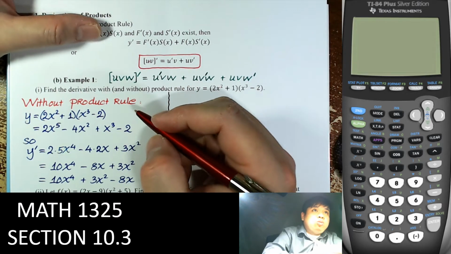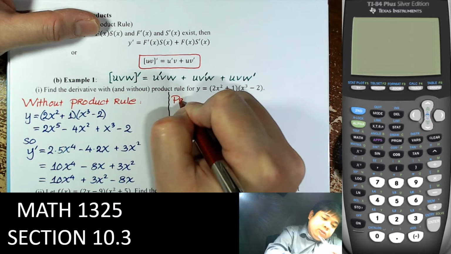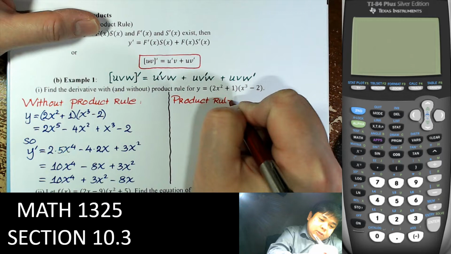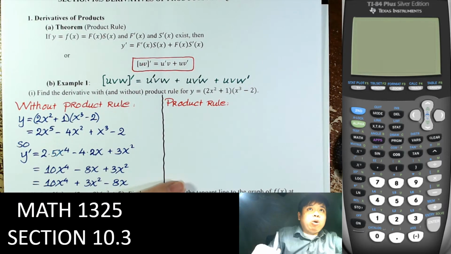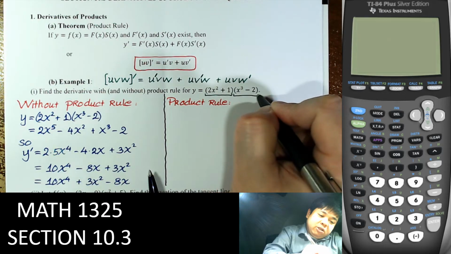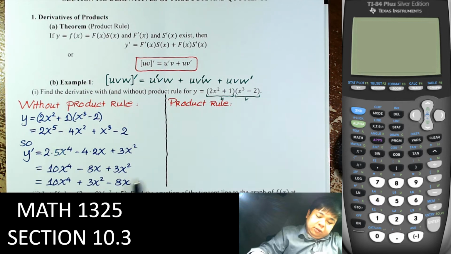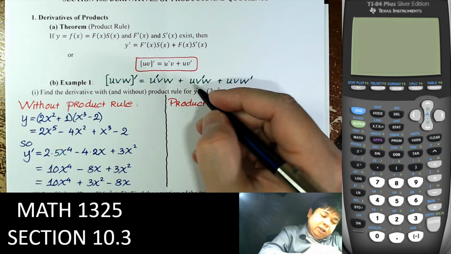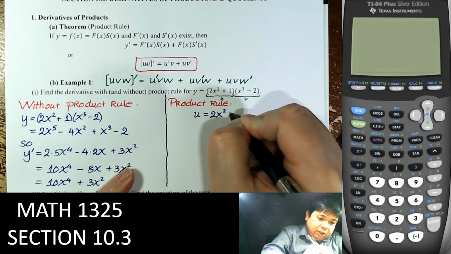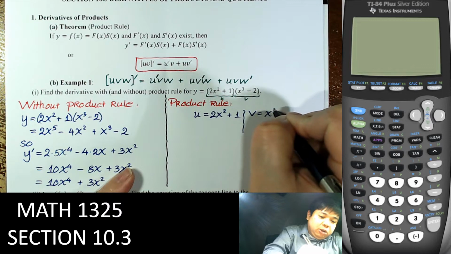So that is without the product rule. This one we just multiply out. That's easy. Now let's use the product rule. This is clearly a product, so let this be u and the other one be v. u equals 2x squared plus 1 and v equals x cubed minus 2.